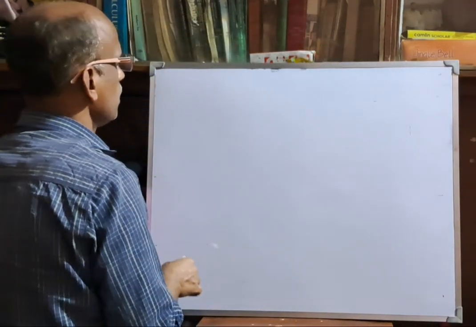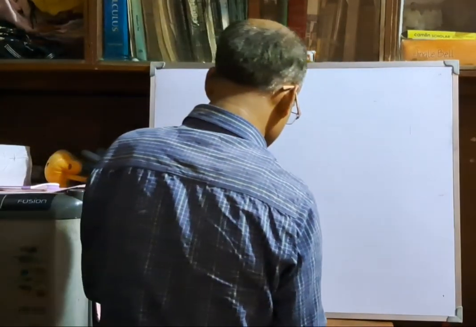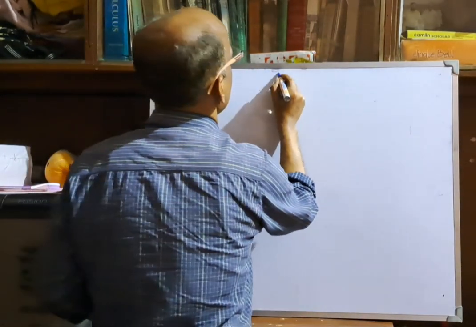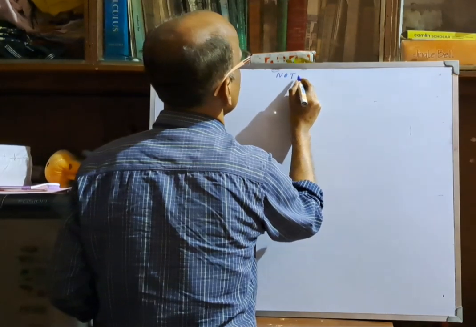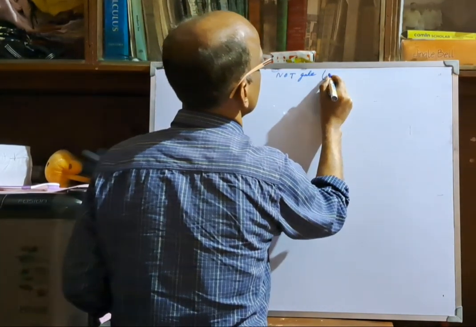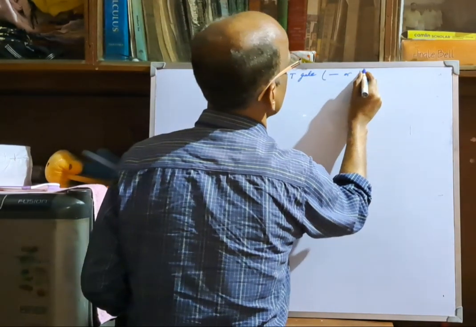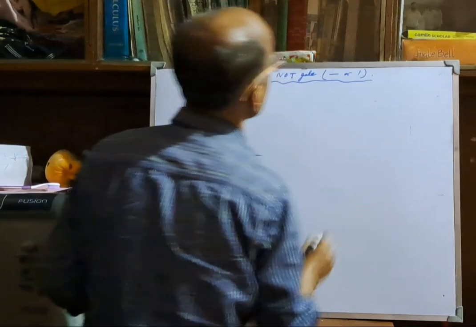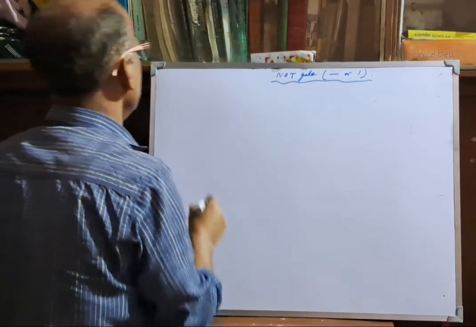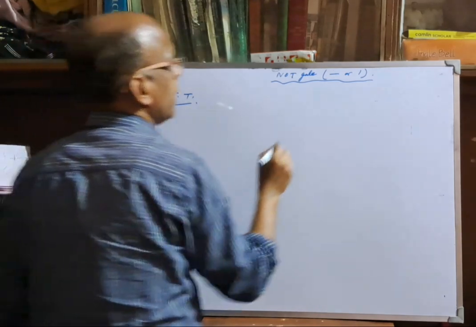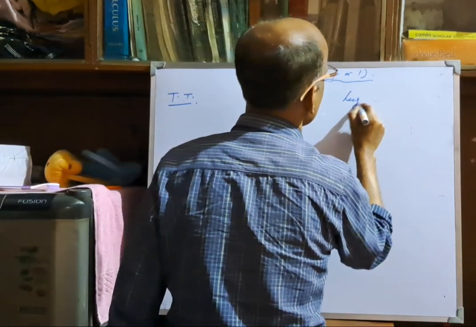You just see here, the NOT gate, or it can be expressed as bar or complement. In both ways it can be expressed. Here is the truth table, TT, that means truth table, and here is the logical diagram.